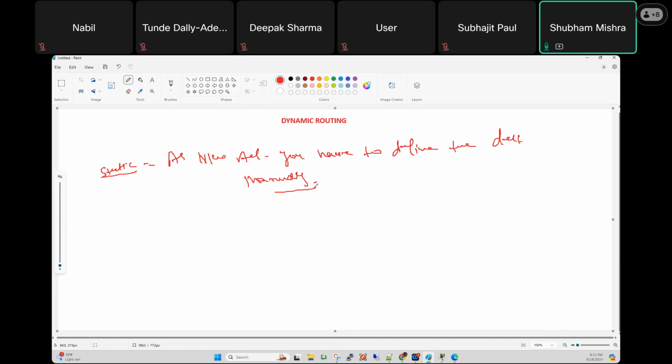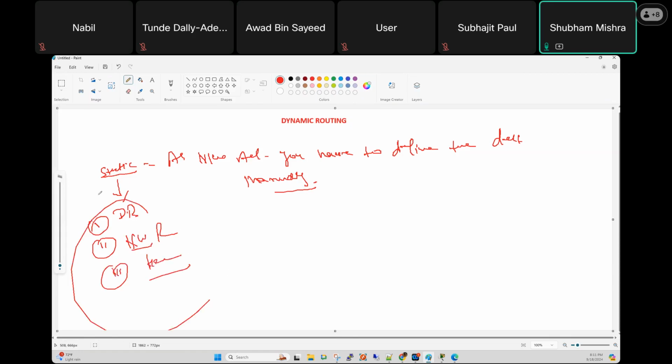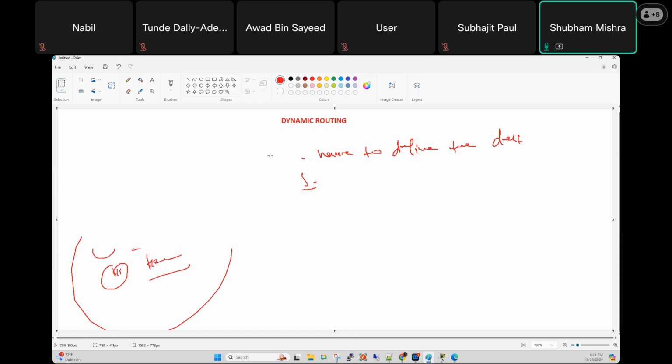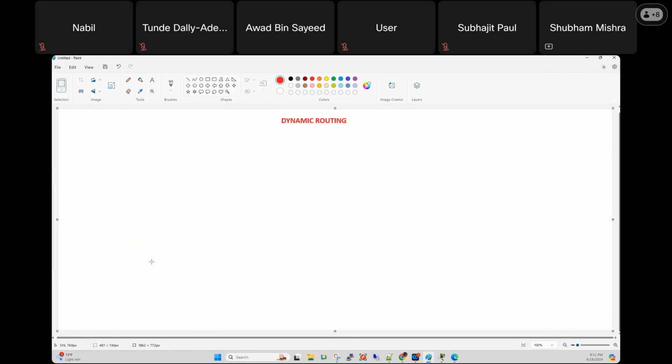Either you use a default route, a network route, or a host route, any routes you are using, all are called static. So I hope everyone is now aware about static routing and how we configure it. Now the next concept is dynamic routing.